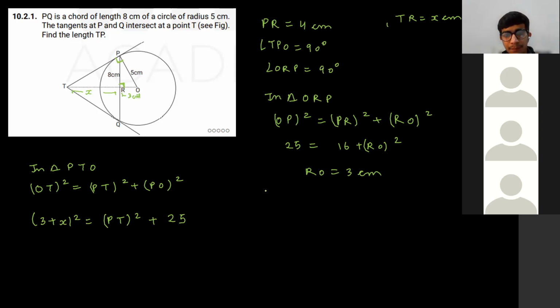Now I'll move to the triangle TRP. Since this is 90, this will also be 90.